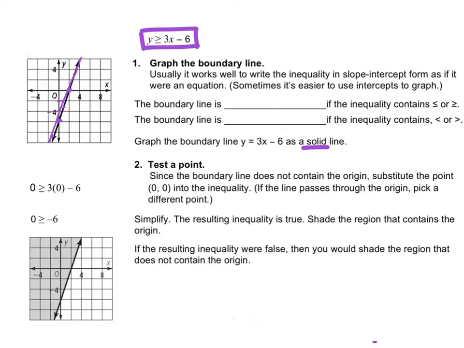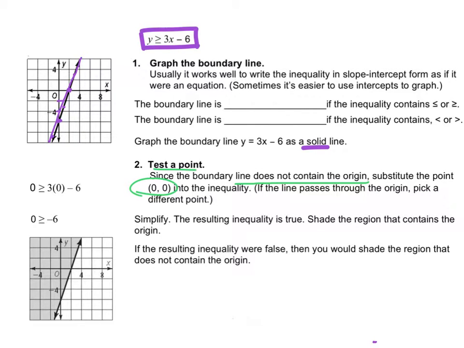Now in order to determine which way the shading is, we're going to test a point. You can use any point that you want as long as it's not on the line itself. So if 0, 0 doesn't lie on the line, in this case the line does not contain the origin, then 0, 0 is a nice test point.